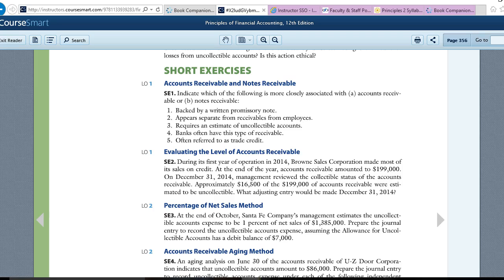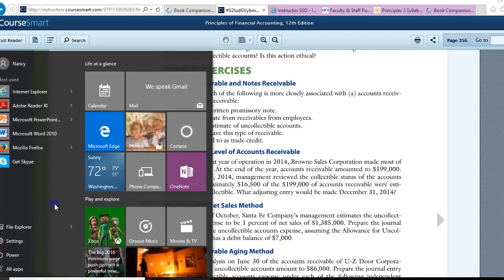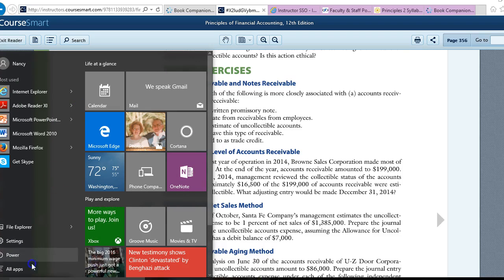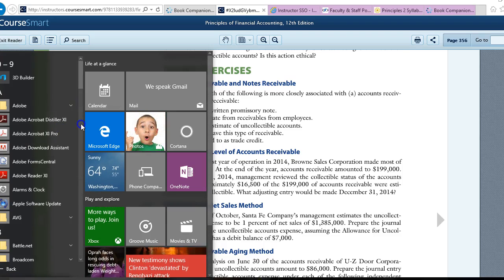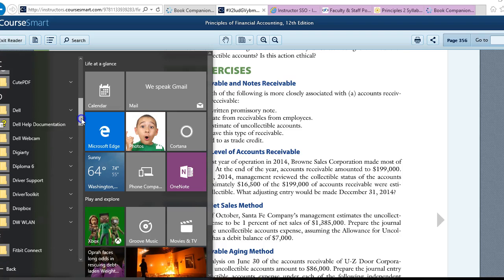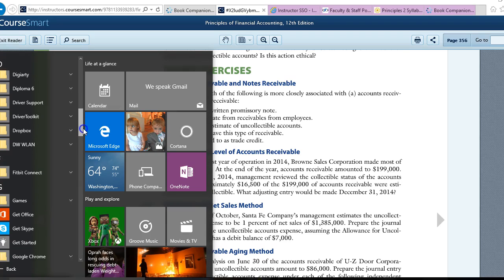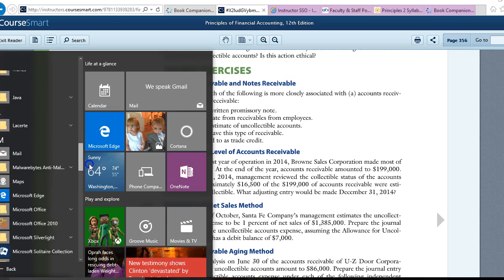What journal entry are we going to make? Any thoughts? So we're going to debit an expense and we're going to credit a contra account, right?